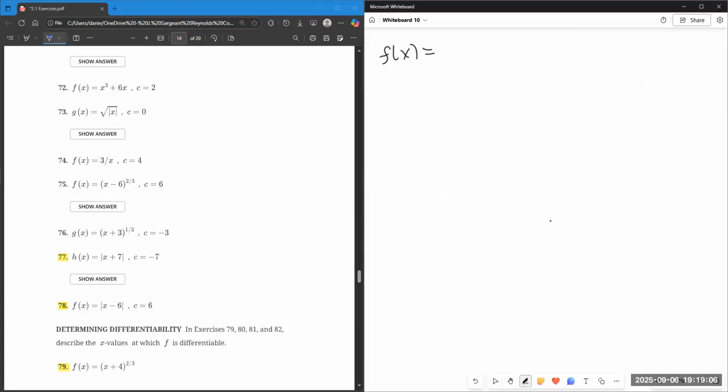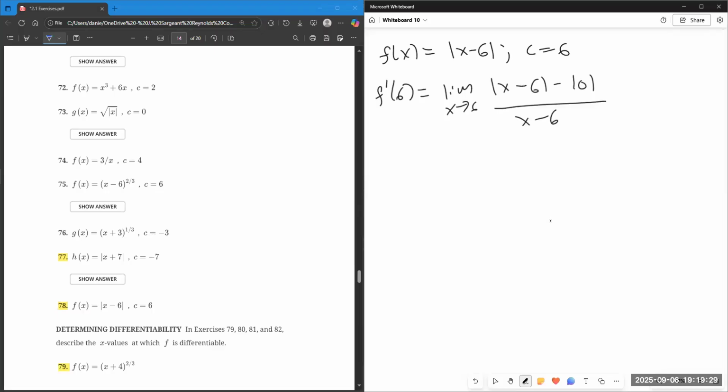f of x is absolute value x minus 6. c equals 6, exactly the same problem here. So let's do the work for it though. f prime of 6, limit as x approaches 6, absolute value of x minus 6 minus absolute value of 0 over x minus 6 is limit as x approaches 6 of absolute value of x minus 6 over x minus 6.